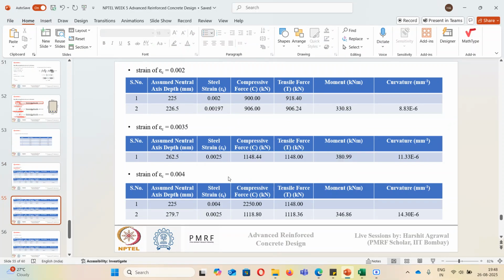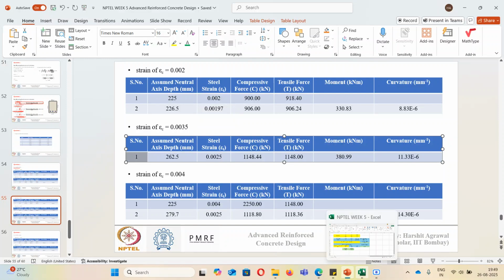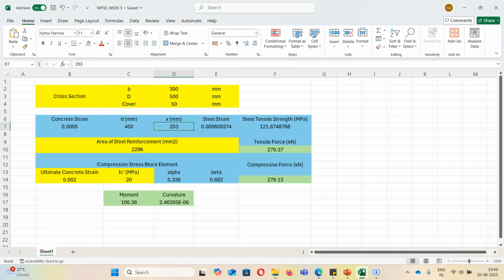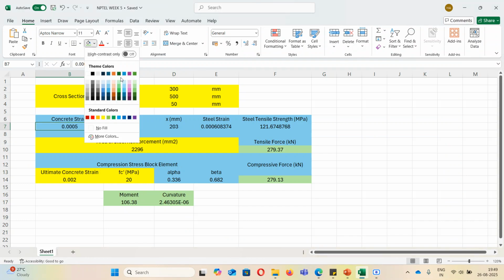So what if the strain is beyond the ultimate strain of concrete? What is the behavior? Just to check the post peak behavior, I took one more strain value. So for each of these strains in concrete, what change do we need to make? We just need to change this block, this red block.